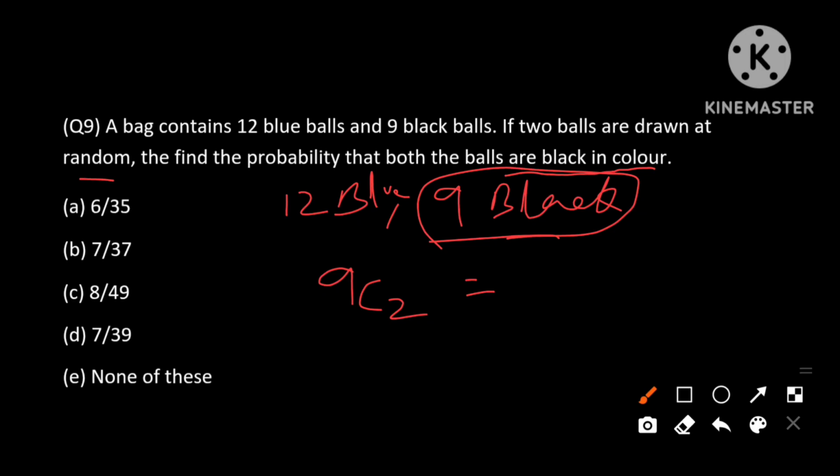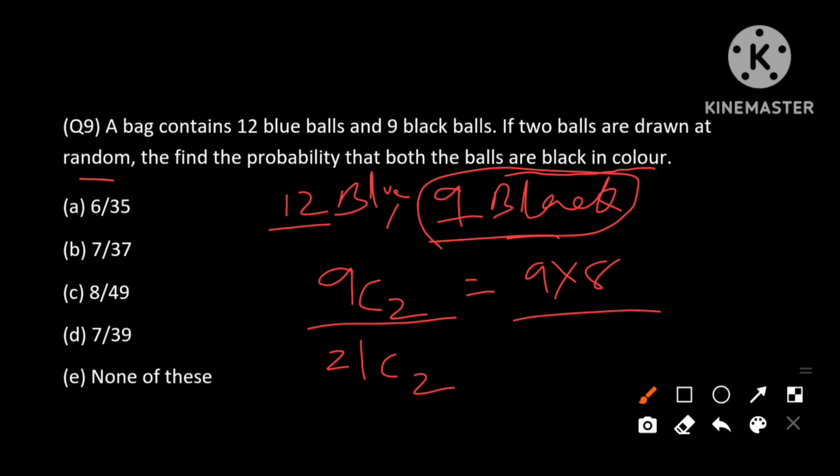So the value will be 9 into 8 divided by 2 into 1. But out of 12 plus 9, which is 21 balls, we are taking 2 balls, so 21 into 20 divided by 2. The 2 in the denominator cancels.